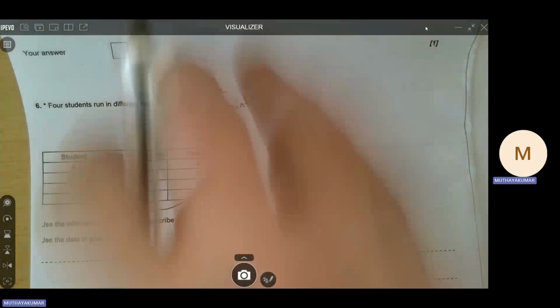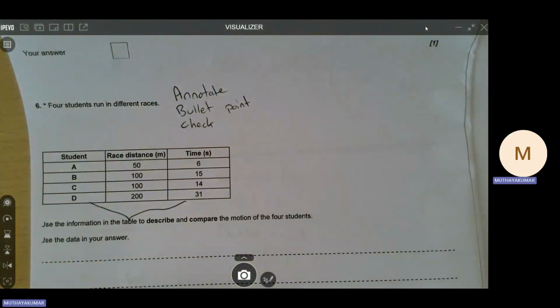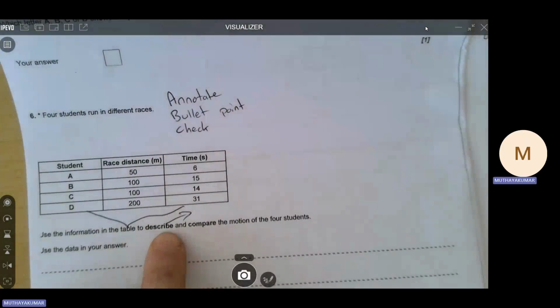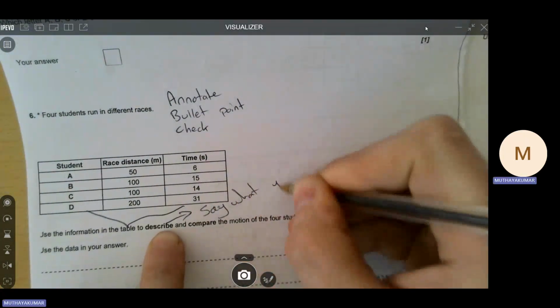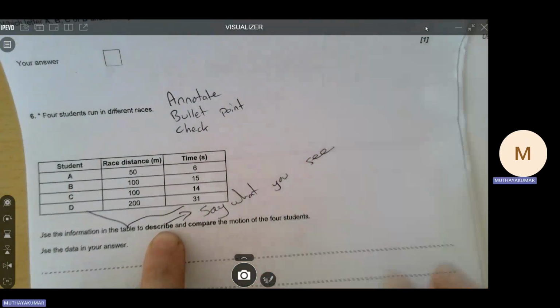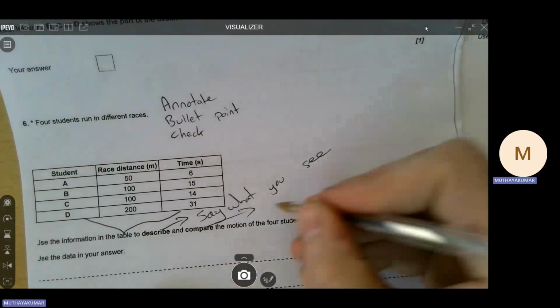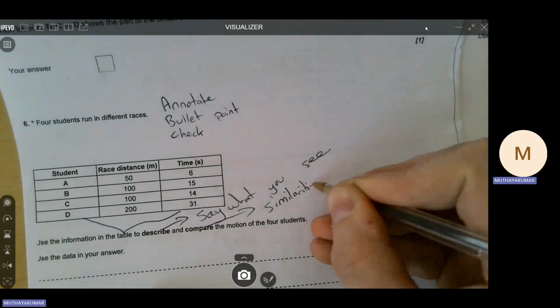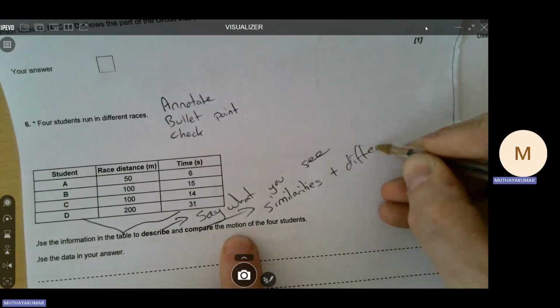Sometimes you might have 3 or 4 different tables, in which case you need to use every single table. To describe. What does describe mean? Describe means say what you see. And compare. Compare means say what is the same, so the similarities, or what is different, so say what the differences are.